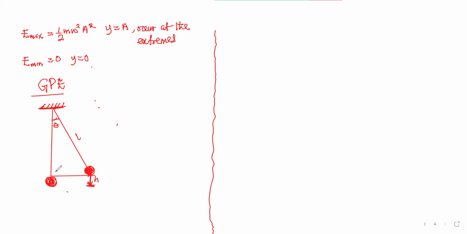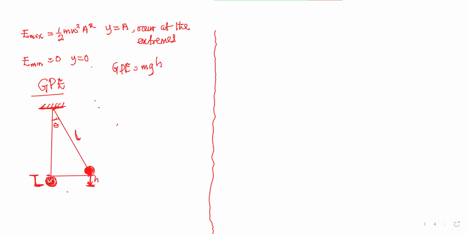So we are looking at this. We are interested in this small vertical height because getting that vertical height movement would help us calculate the gravitational potential energy, which is mgh of the object.